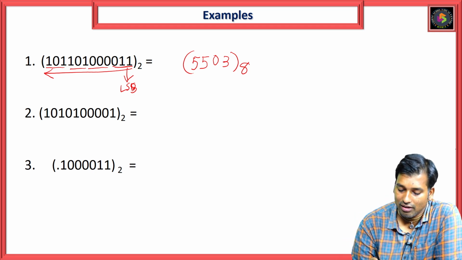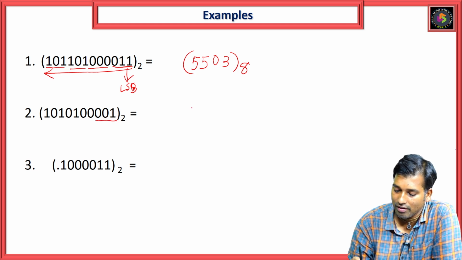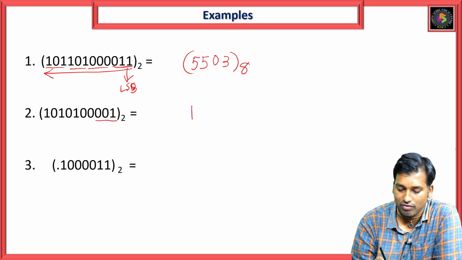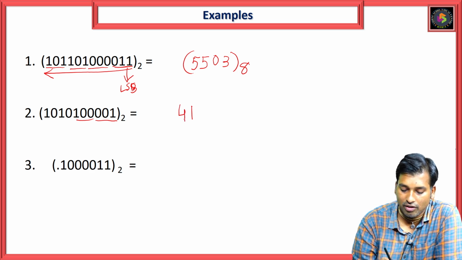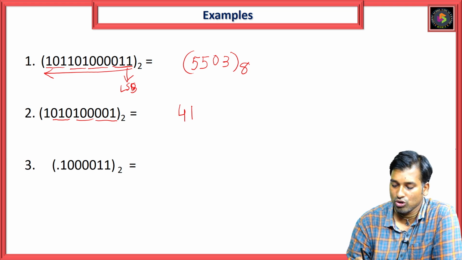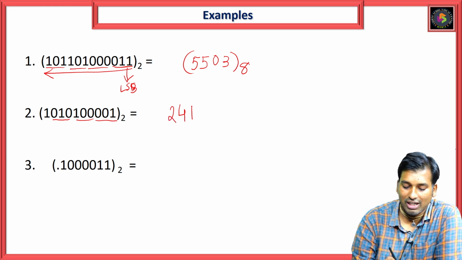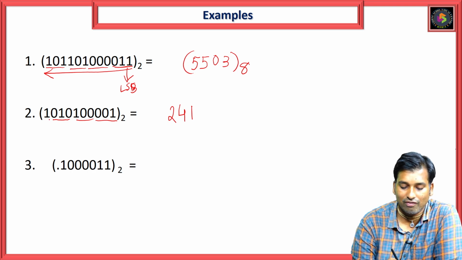Similarly, again in the second example, let us see. We have to group from the least significant 3 bits. 0, 0, 1 corresponds to 1. Again 1, 0, 0 corresponds to 4. 0, 1, 0 corresponds to 2. So here there is an interesting aspect. You can see there is only 1 bit.